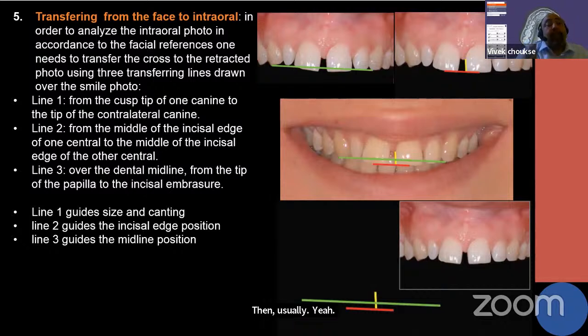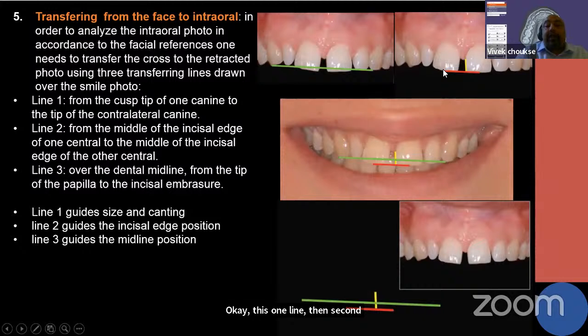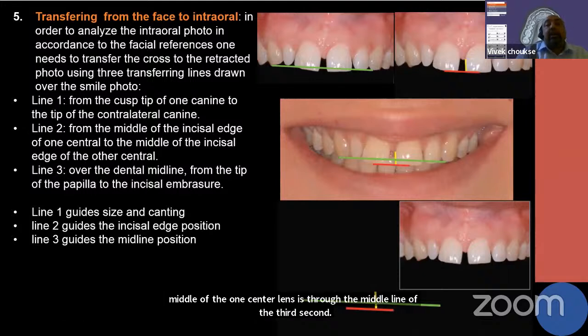Usually in the digital smile design softwares, there are these three lines. Line one goes from the cusp tip of one canine to the cusp tip of the other canine. The second line goes from the middle of one central incisor to the middle of the adjacent central incisor, and the third is the midline.